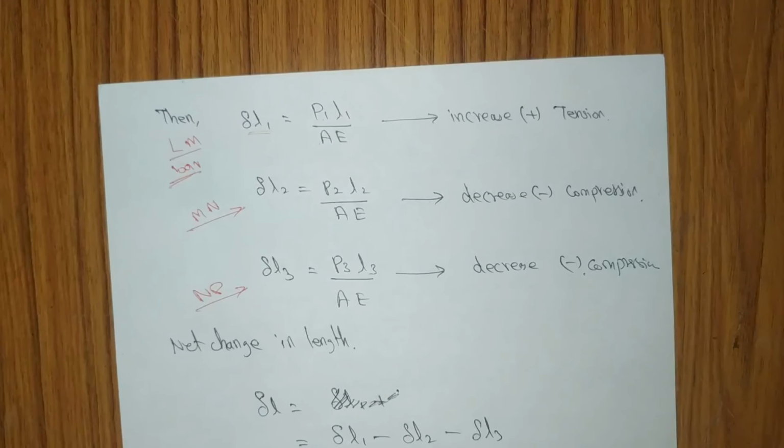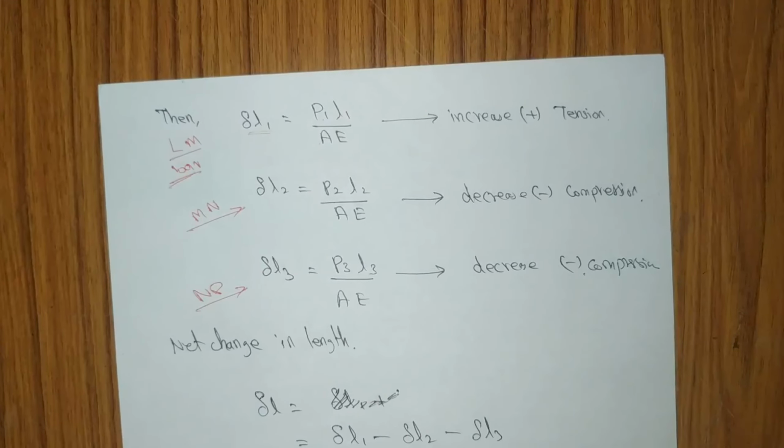What is the P1 value? P1 is 50 kilonewton, P2 is 30 kilonewton, P3 is 10 kilonewton. These are the loads acting in the bars. We apply P1 50, P2 30, P3 10. The lengths are 0.6, 1 and 1.2.